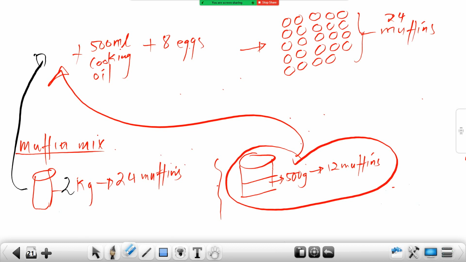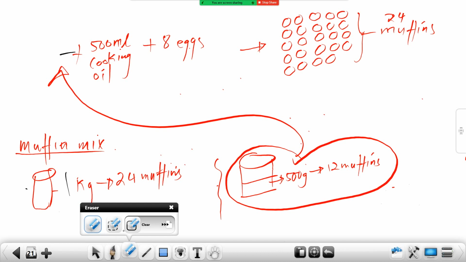So what am I basically saying? All I am saying is that the reactant that is in excess will be a leftover. I said I am starting with 1 kg, and 1 kg will produce the 24, which is just enough.